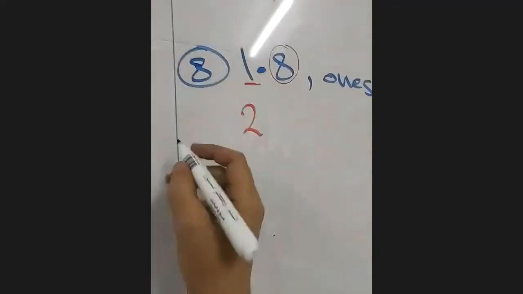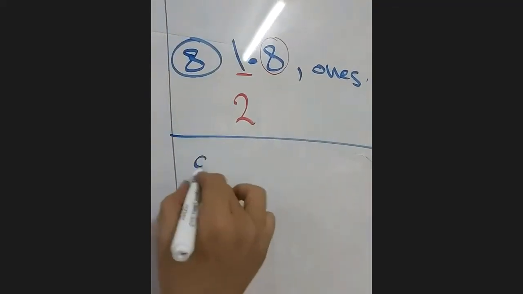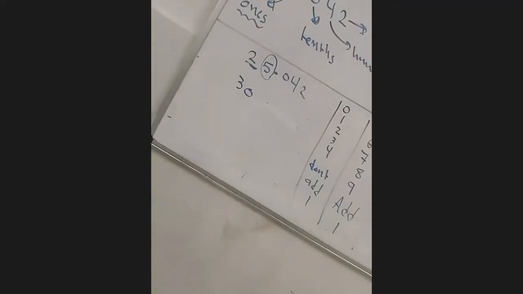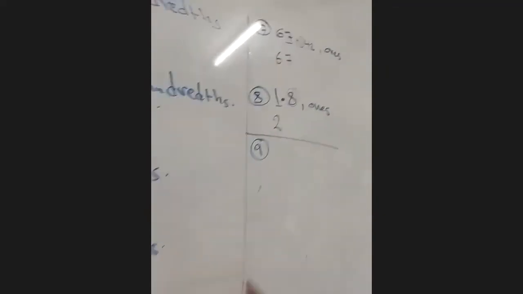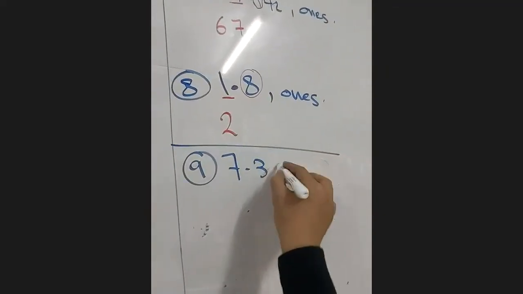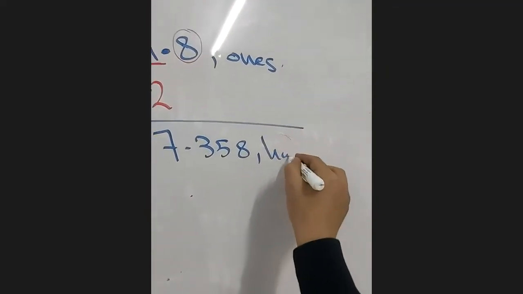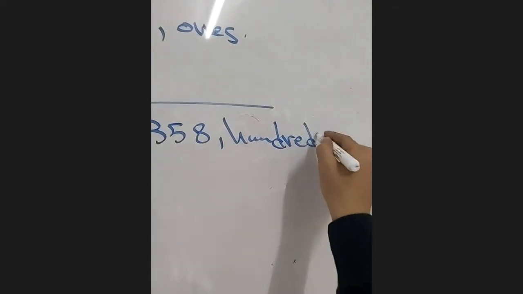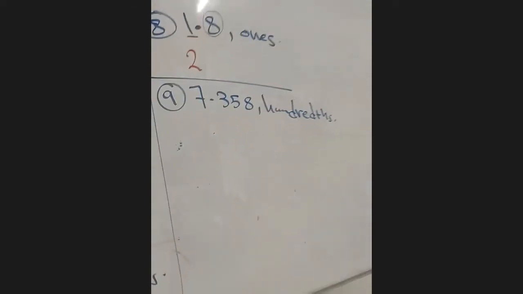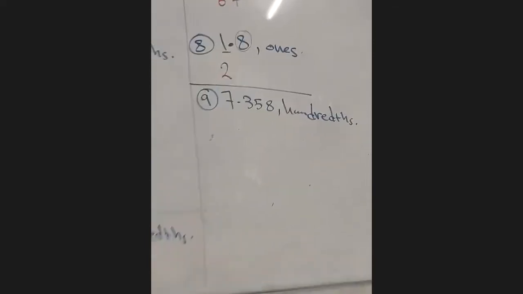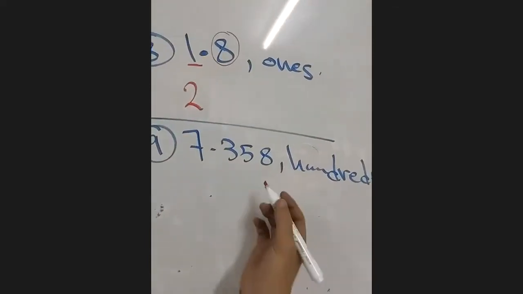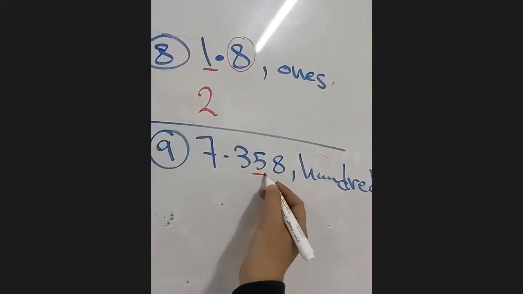Let's do one more question and we got finished. Question 9. We have 7.358 for hundredths. Now, I will do it quickly because I still have only 1 minute. The hundredths is the second digit here. It is 5.